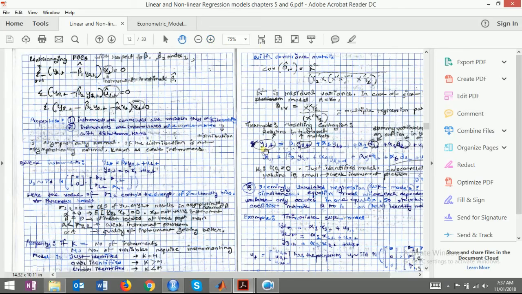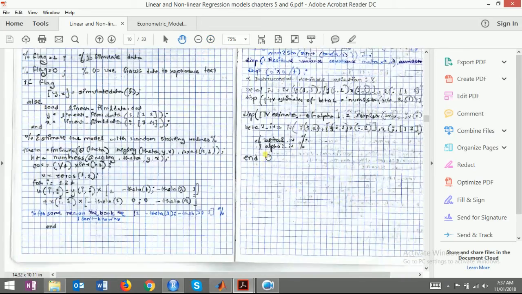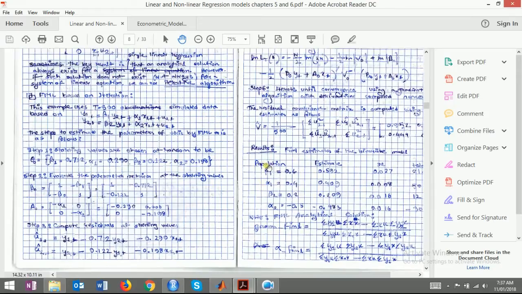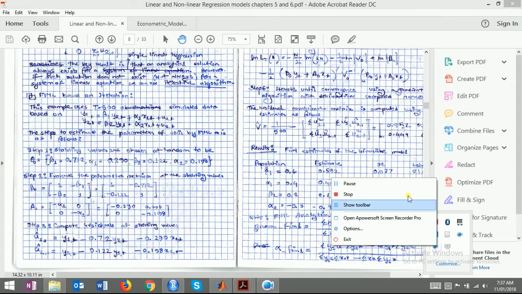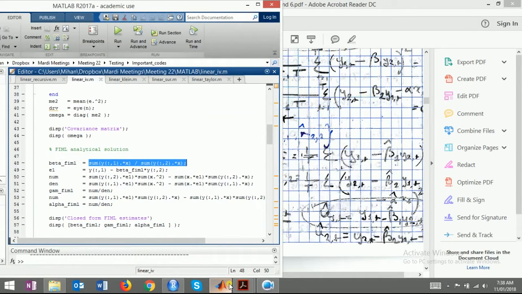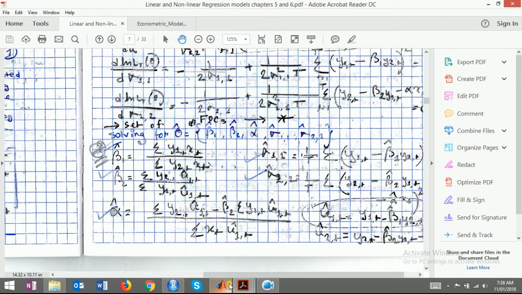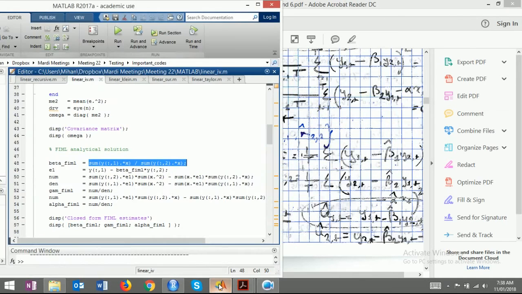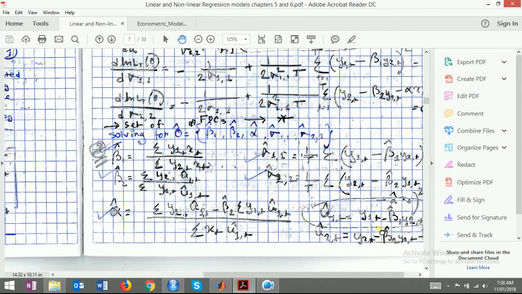So there we have the full information maximum likelihood estimator, where we have beta as given, and the error is y1t minus beta 1 y2t. This is the estimated parameter beta, the estimated parameter y2.